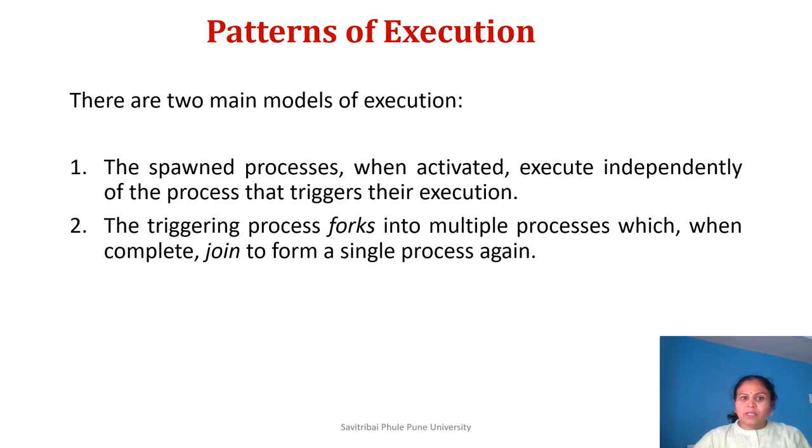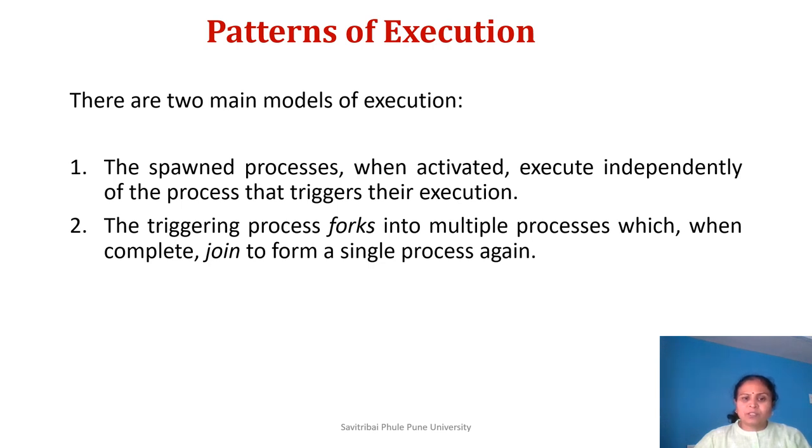Most commonly, a concurrent program starts as a single process and subdivides into multiple processes at some point in its execution. The spawned processes may be activated individually or in sets. The processes thus activated may be able to subdivide in the same way. So there are two main models of execution.